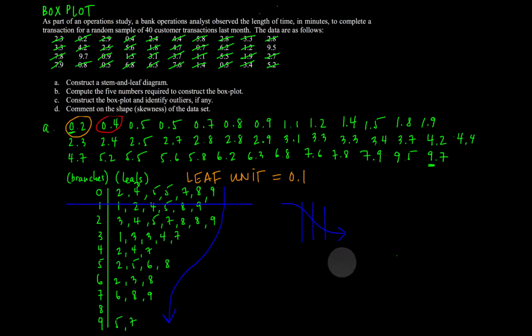So we're going to compute that in just a second because we need it for part D, but we'll be able to double check whether our analysis in part A of the shape corresponds to what we're going to do to the box plot and corresponds to the mean and median theory, okay? So what would happen here is that the median is going to be smaller than the mean.